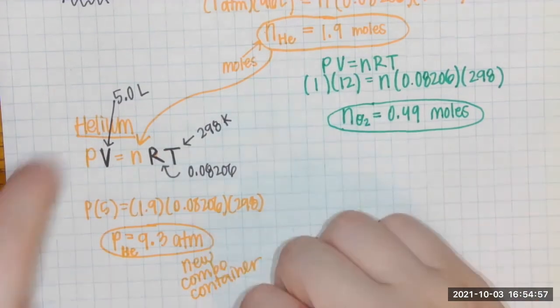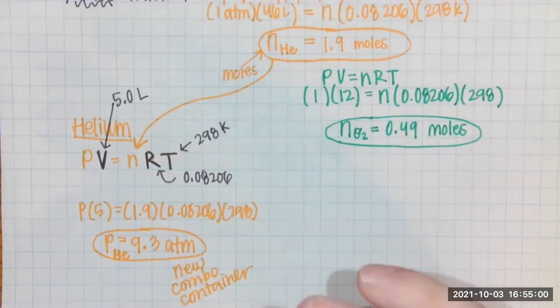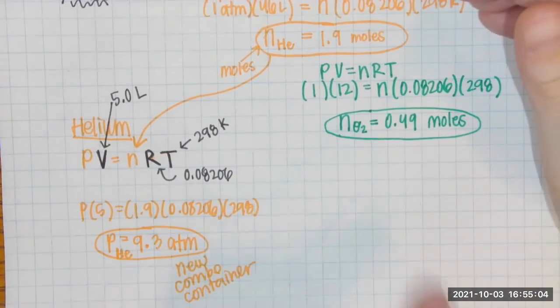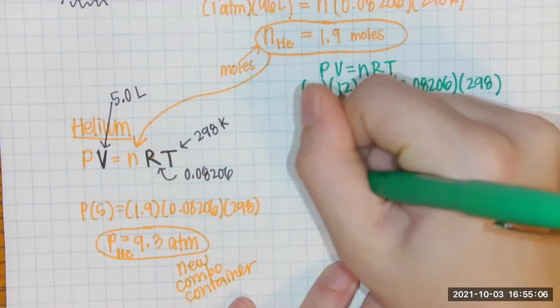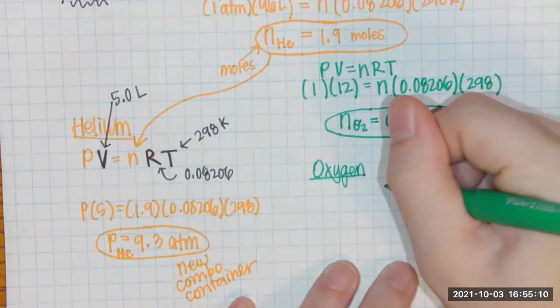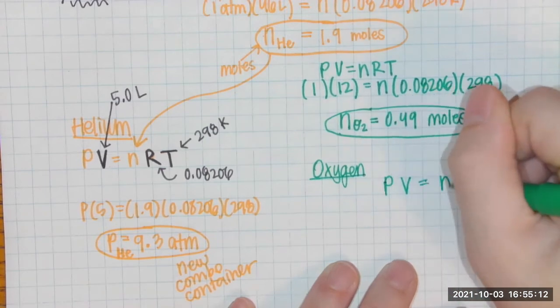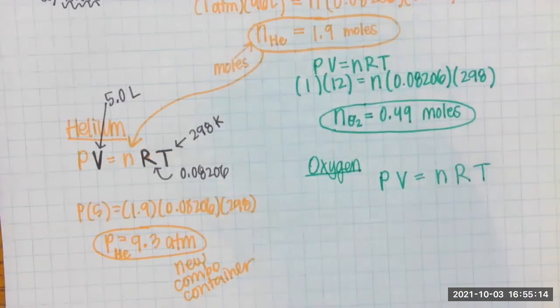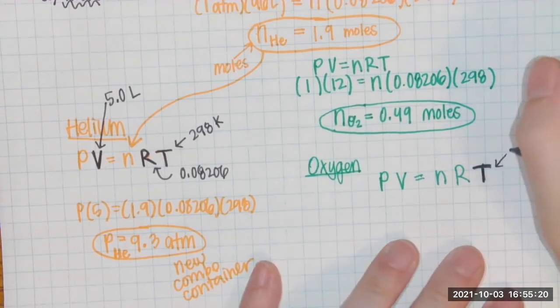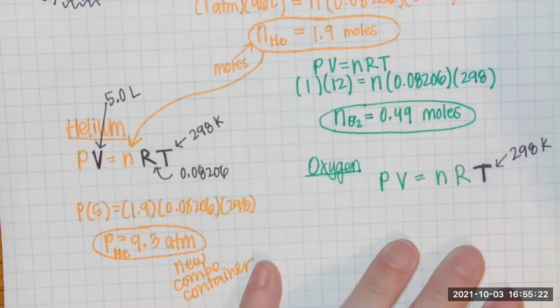Same thing. Let's figure out how much pressure this oxygen is exerting in the new tank. The temperature didn't change at all for this problem. It was just 298 Kelvin the whole time.